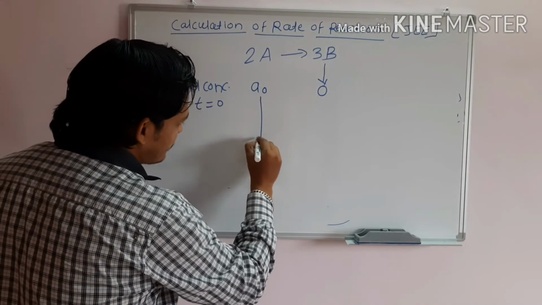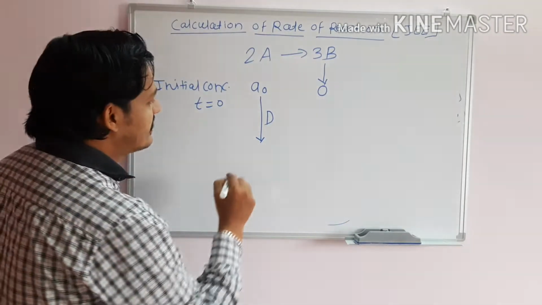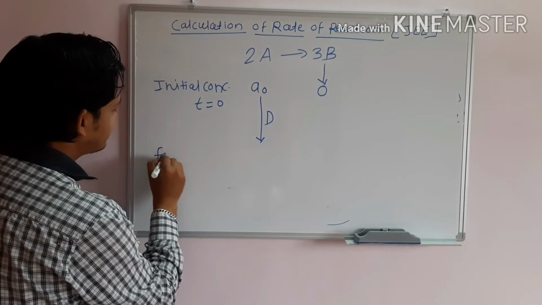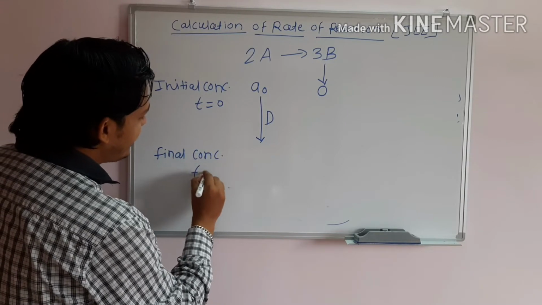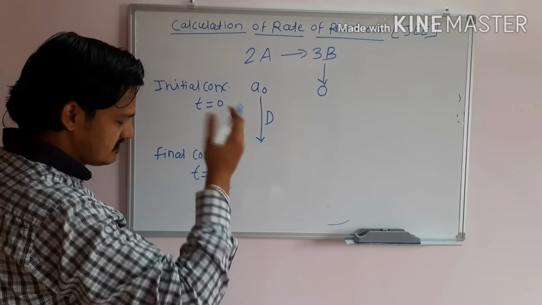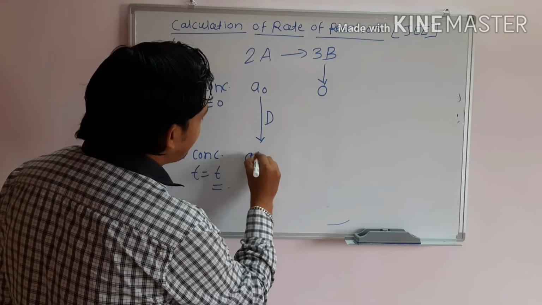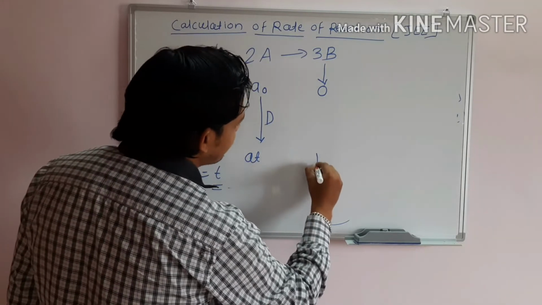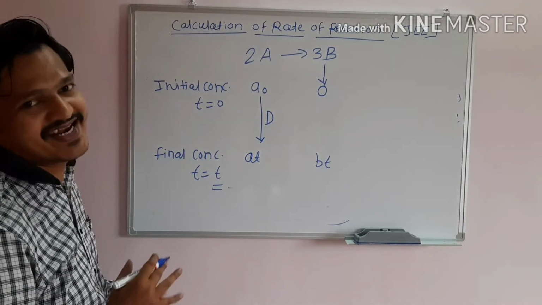As time goes, the concentration of reactant decreases. Then the final concentration is at time t. T indicates how much time, 2 hours, 4 hours. At time t, At and Bt.